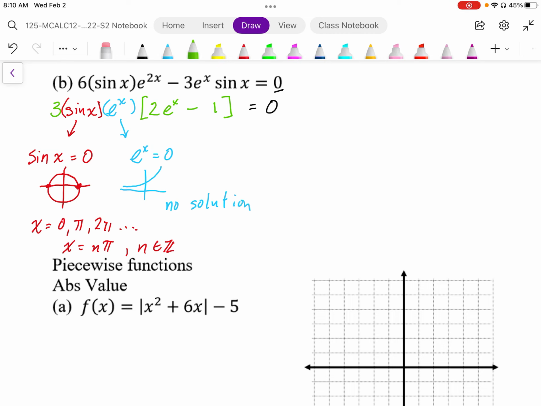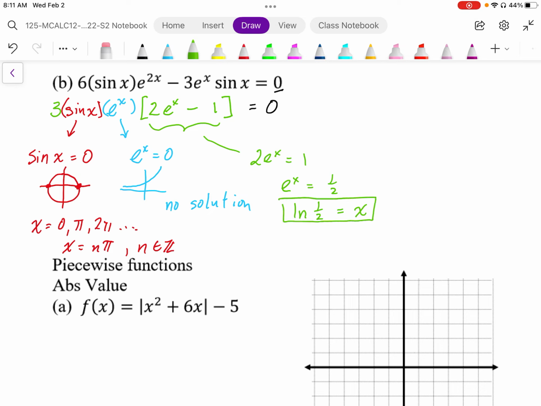Okay, and then lastly, I have this factor here, and I have 2 e to the x is equal to positive 1. I can solve that equation. e to the x is equal to 1/2. Use a log to undo this, so log 1/2 is equal to x, and there represents the other solution.